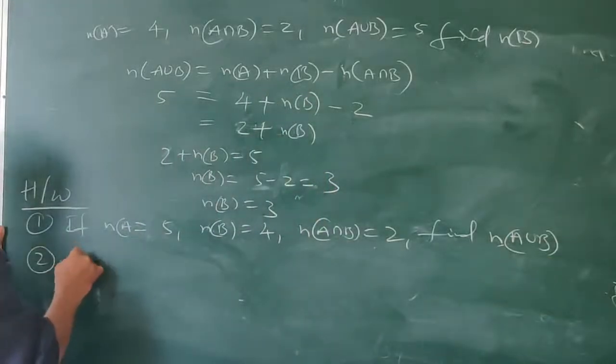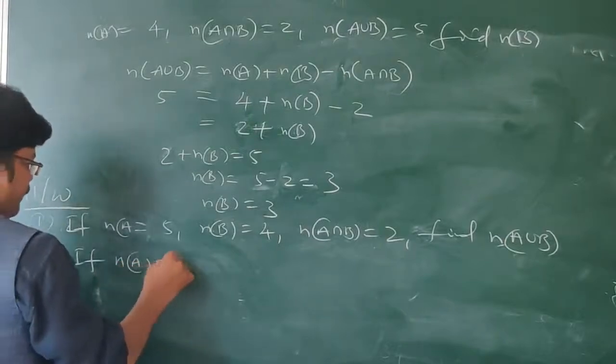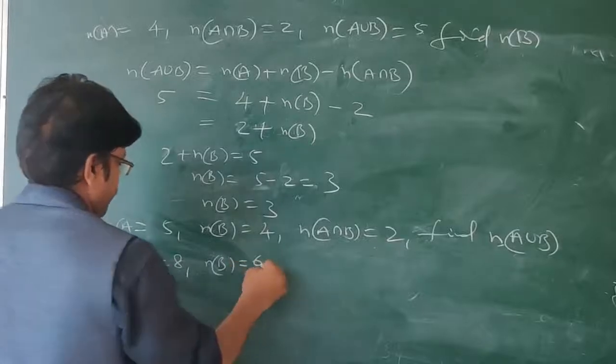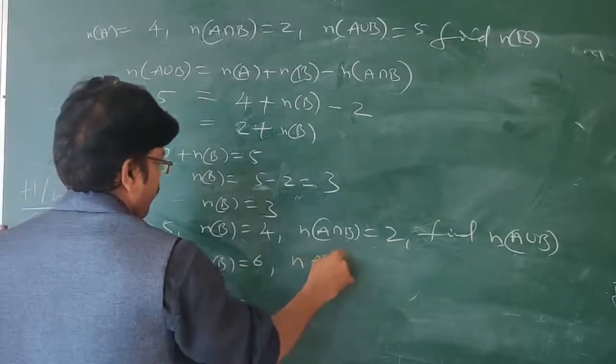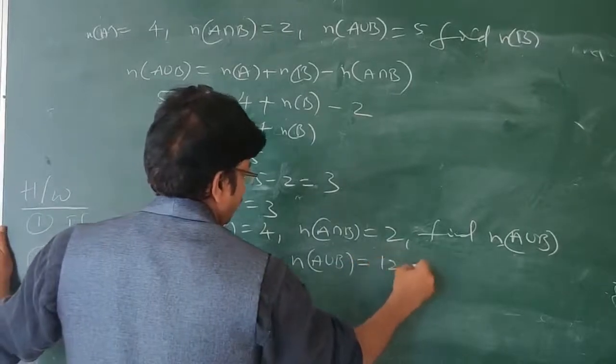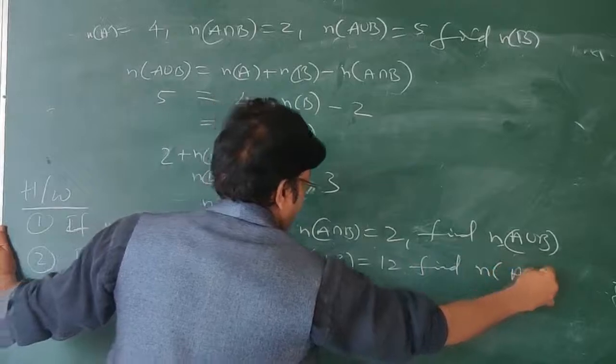Two, if n of A is 8, n of B is 6, n of A union B equals 12, find n of A intersection B.